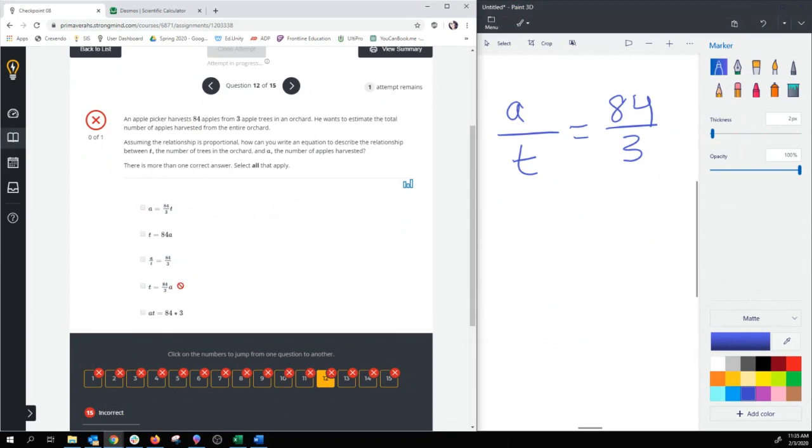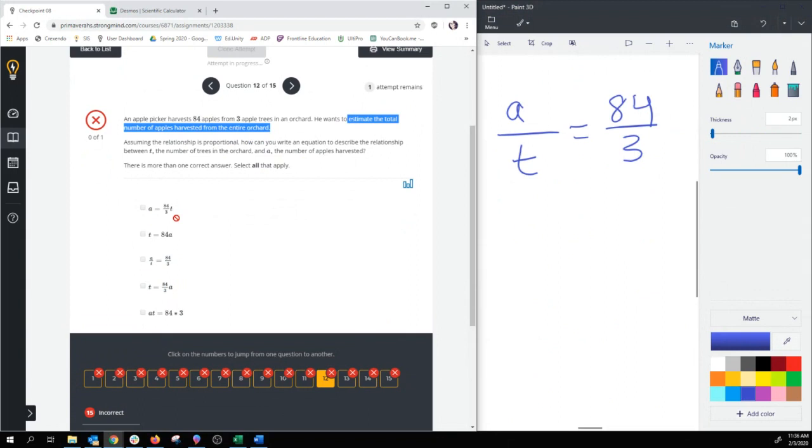So now our job is to figure out which variable goes where. Remember, A is always going to be your total. So the question he's asking is he wants to estimate the total number of apples harvested, right? So if my total will always go by itself, do I want the A or T to be isolated? Which one am I trying to find the total for?